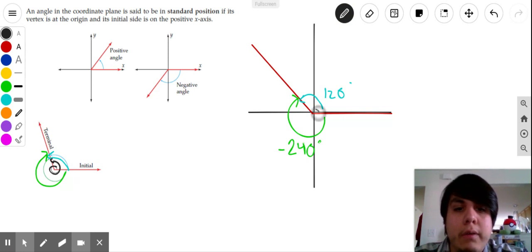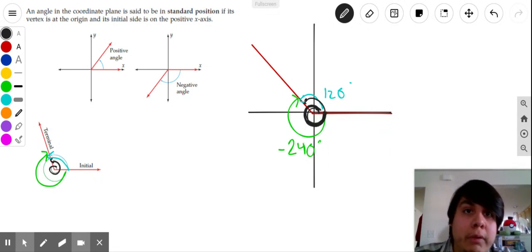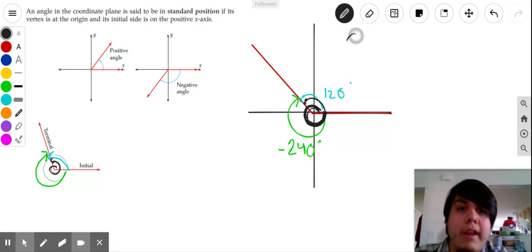And I could also have the little black one down there. Start there. Okay. So if you notice, from here to here, this part that I'm trying to highlight, that completed an entire revolution. It started from the initial side, it ended at the initial side, so I know that has to be 360 degrees.